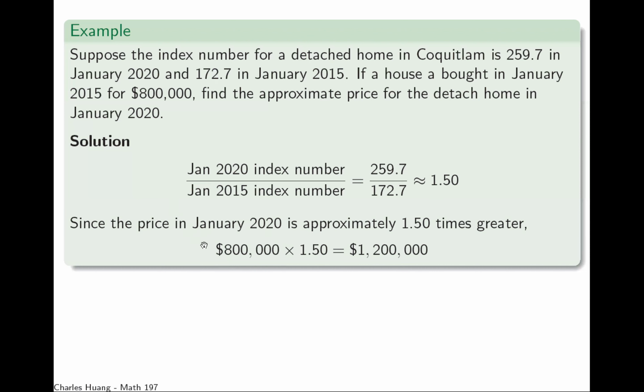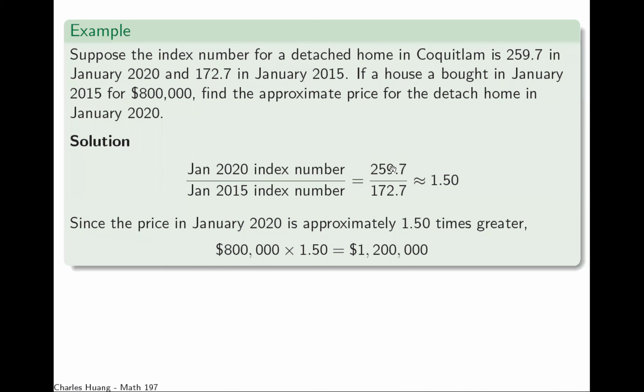We're going to take our price in 2015, so essentially I'm taking 800,000, and we're taking 800,000 multiplied by the difference in the index number. Now, the 800,000 is from 2015, so I put 2015 in the denominator. I put the newer year that we're trying to get to in the numerator, just like doing unit conversion.